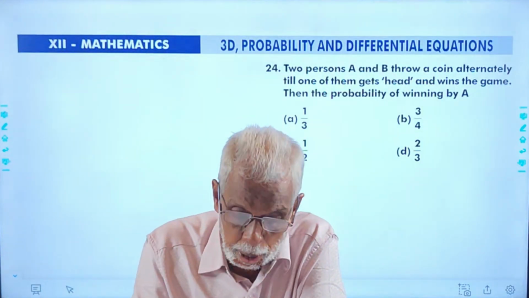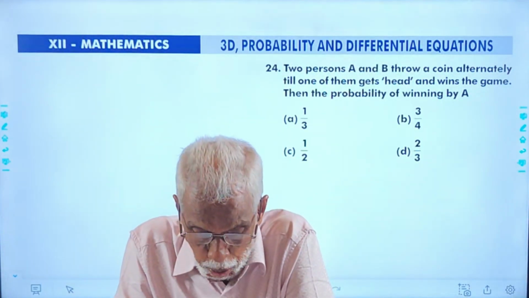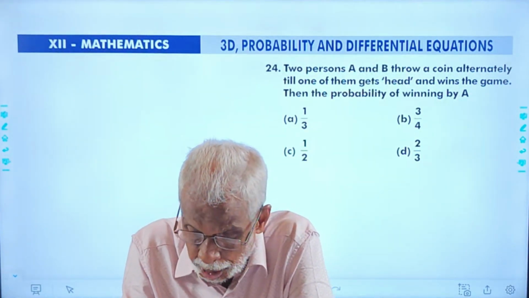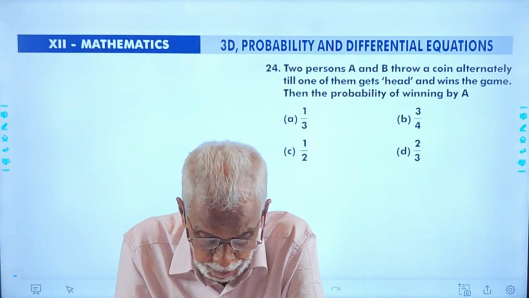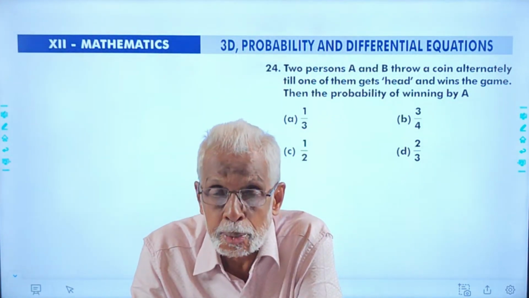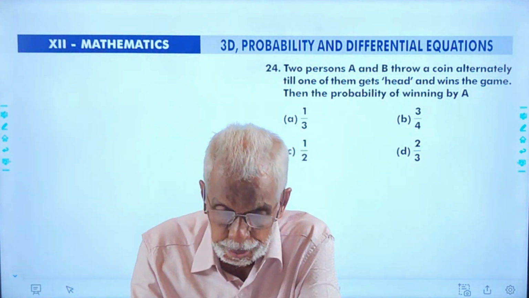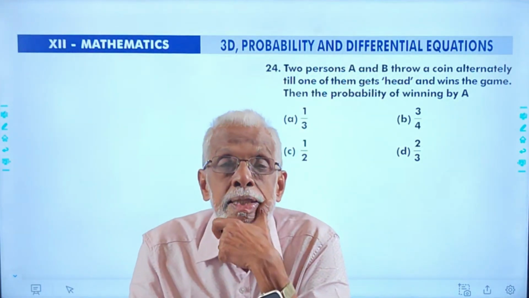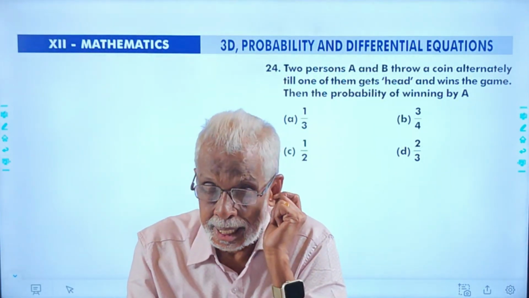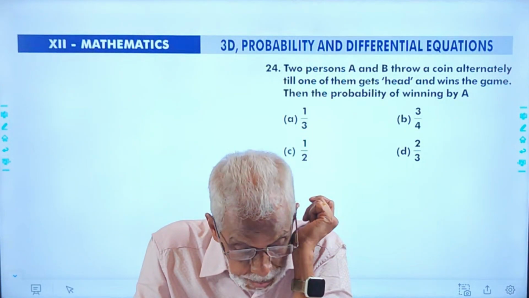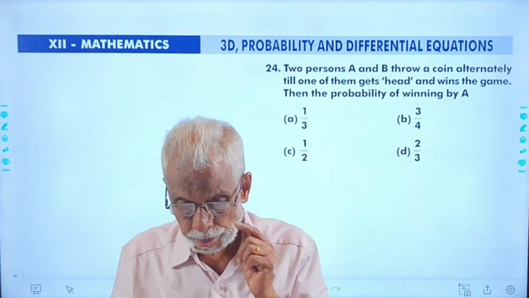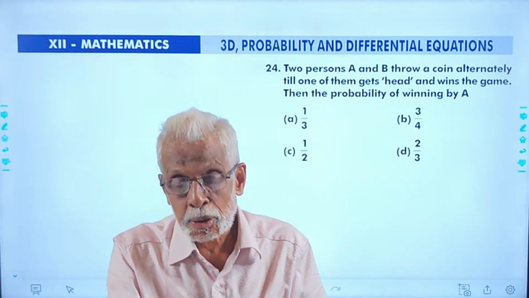Then probability of A is 1 by 2, probability of A bar is 1 by 2. Similarly, probability of B is 1 by 2 and probability of B bar is 1 by 2. Let us take the event of winning by A. It is a very fine question.